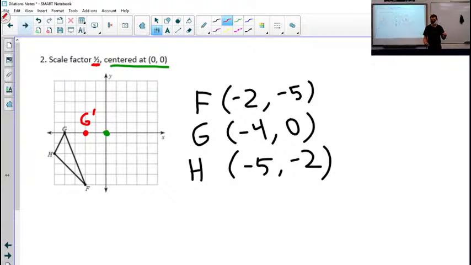We're cutting both distances in half. So instead of going 5 to the left, I'm going to cut 5 in half. That's going to be 2.5 to the left. That's half of 5. And then instead of going down 2, let's cut that in half and go down 1. Here's H prime.